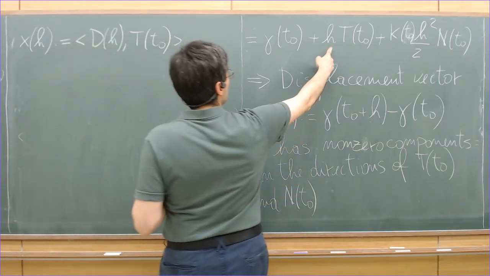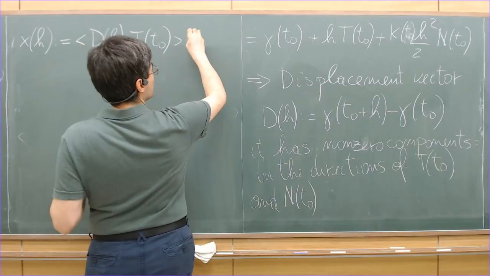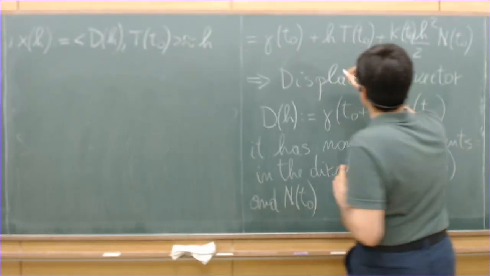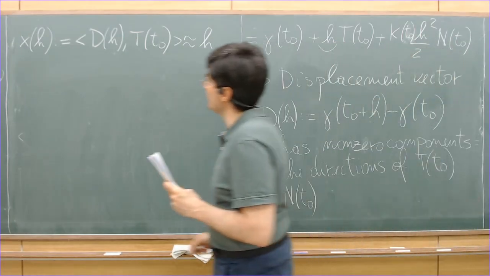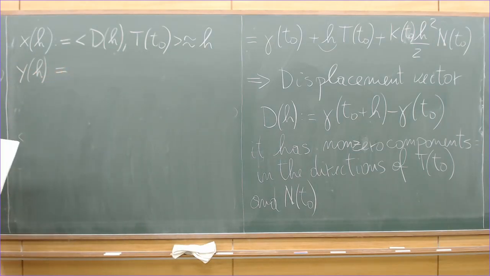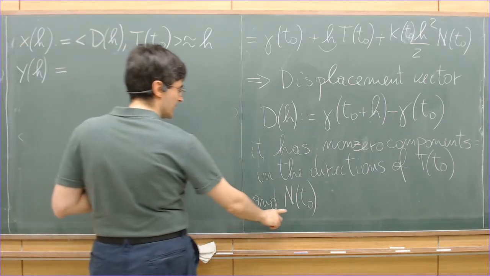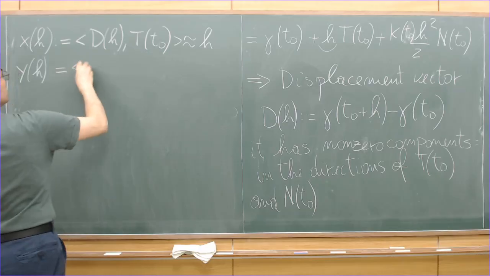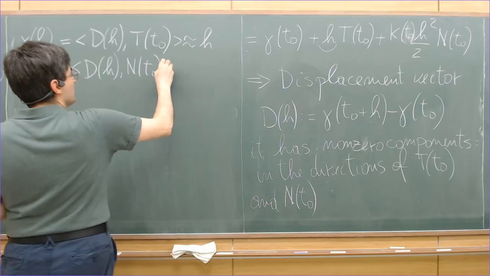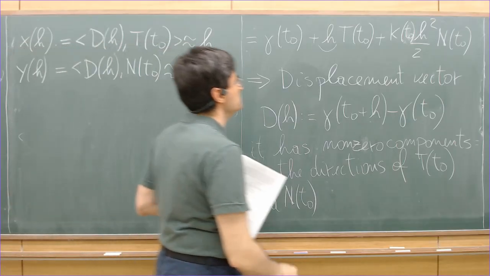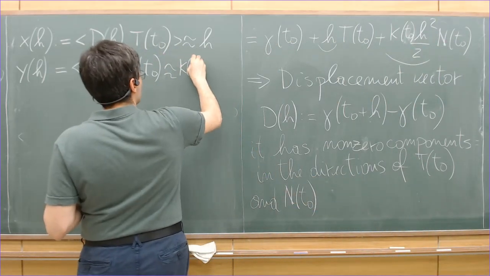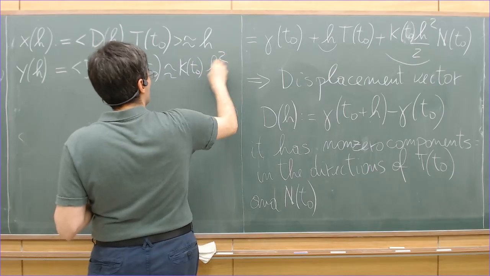By this formula we get that it is approximately equal to h, this factor here, and the component Y of h in the direction of N of t0 is approximately equal to this factor here. So it is equal to k at t0 h squared over 2.